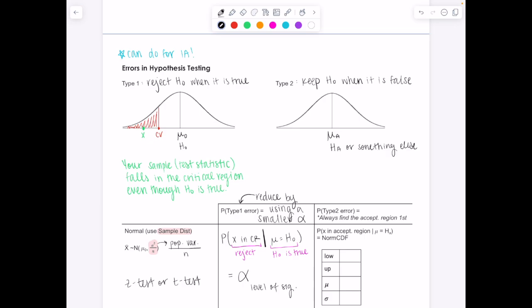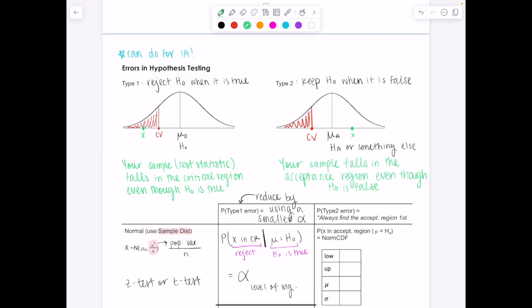It is just not equal to your null hypothesis. Let's say here's your critical value and your critical region, and your test statistic is not within it. So your test statistic does not fall in the critical region. It falls in the acceptance region, but it should have fallen in your critical region.